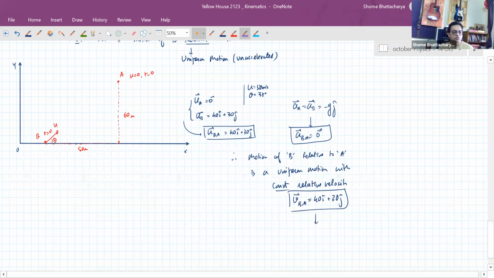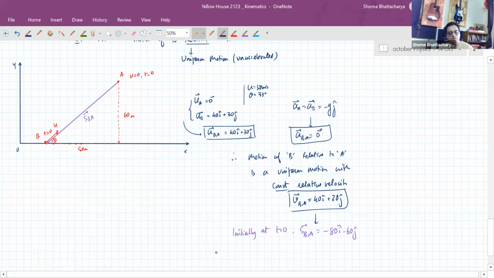Now, what is the position of B with respect to A initially? That is this vector. Initially, at t equal to 0, the position of B with respect to A, as you can see in the diagram, is minus 80 i cap minus 60 j cap.